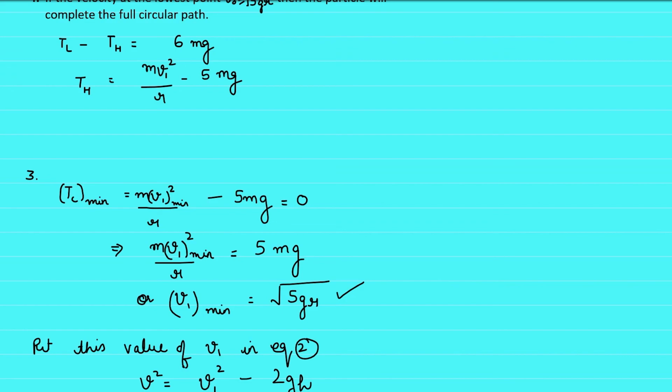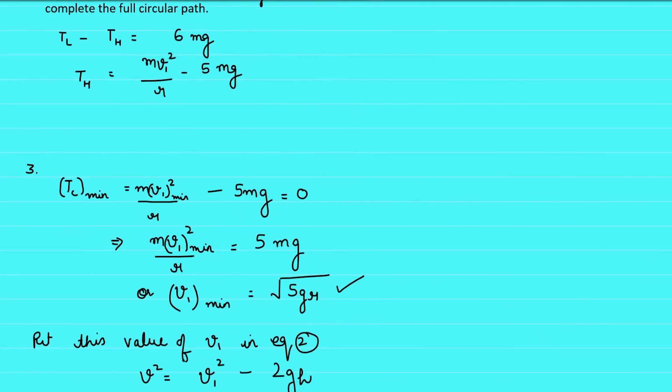It says that if you want the particle to complete the vertical circle, it should have a minimum of under root of 5gr velocity at the lowest point. And substituting this value of v1 in the expression for velocity, we can get the value of velocity at the highest point at that moment.